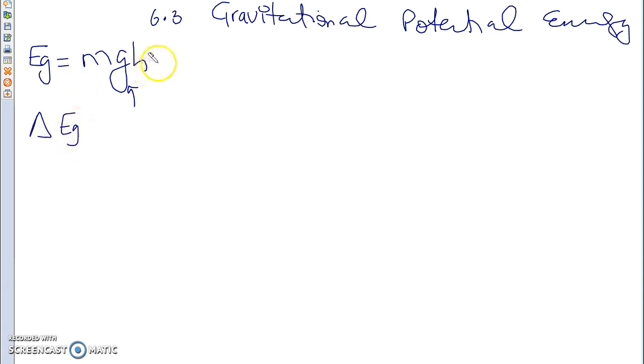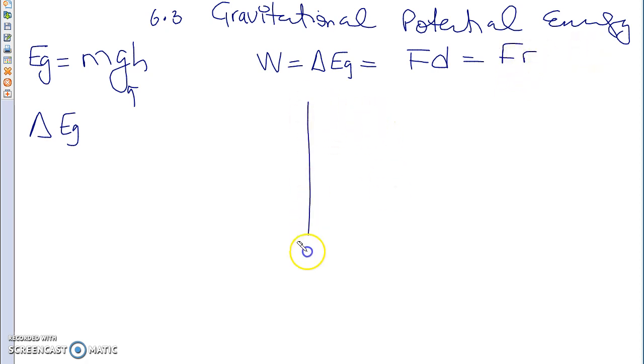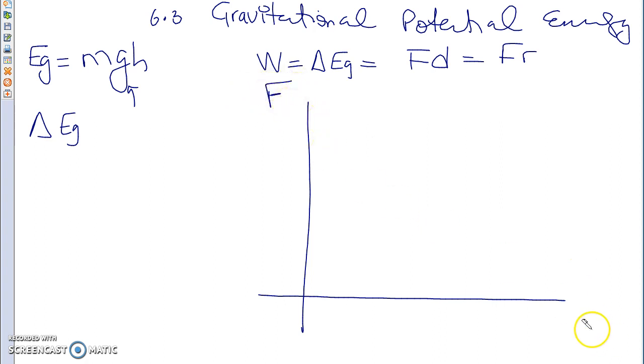Now we know from the definition of work that work is also change in energy. And that change in energy can also be written as F times displacement or distance, which is the same as F times radius. Now, as I said before, this is more calculus based, so you are not going to be required to explain how you get this formula.